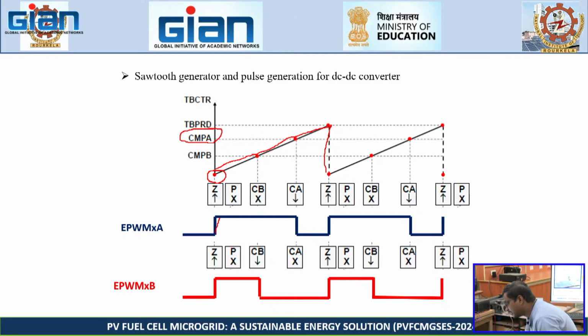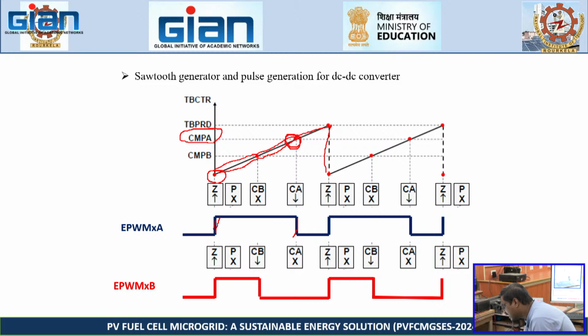And when compare A meets our duty cycle, when the duty cycle meets our sawtooth, at that time I am setting the event such a way that it should clear whatever was set. So what happened here? Now the output has been cleared.